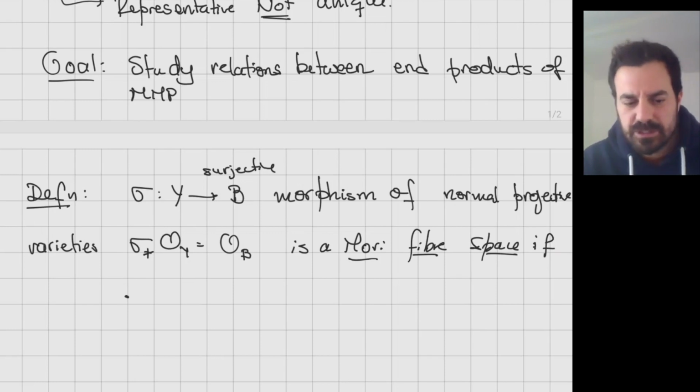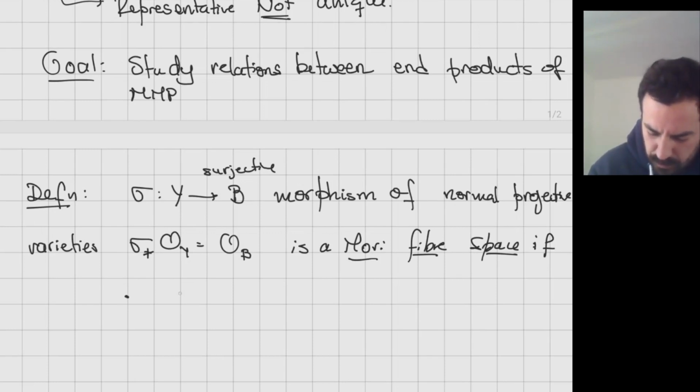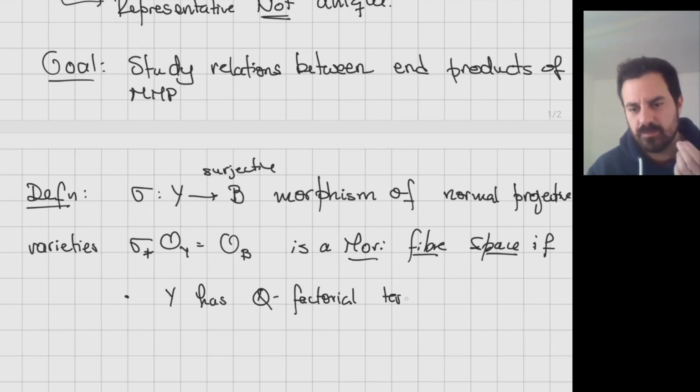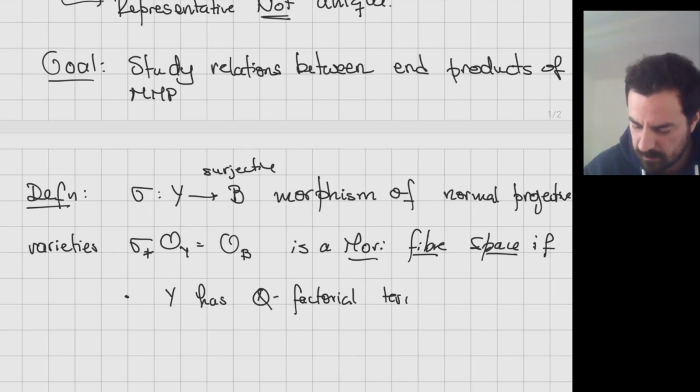if certain conditions are satisfied. So the total space Y has Q-factorial and terminal singularities. Again, if there are some words that I'm saying that are not clear, just let me know.